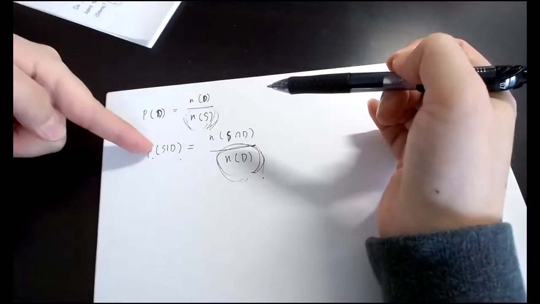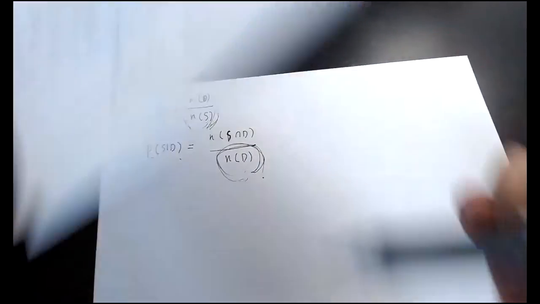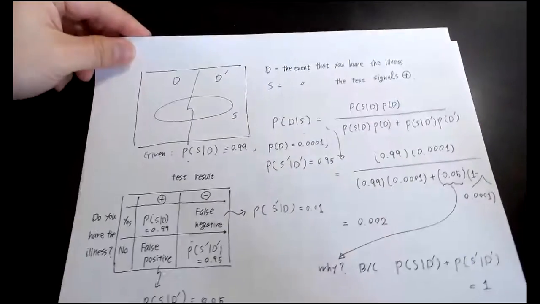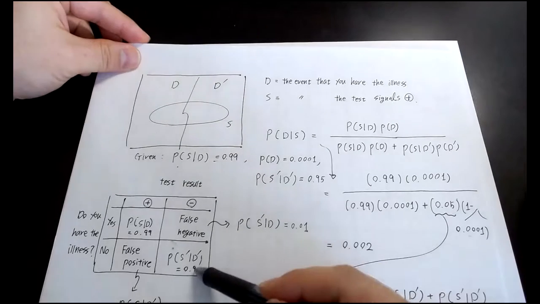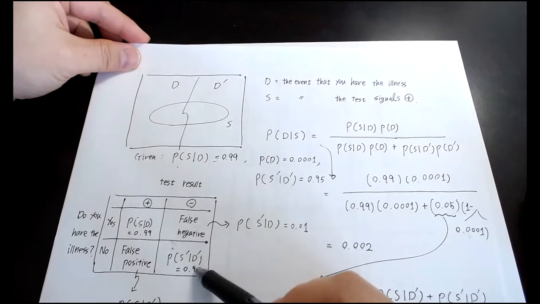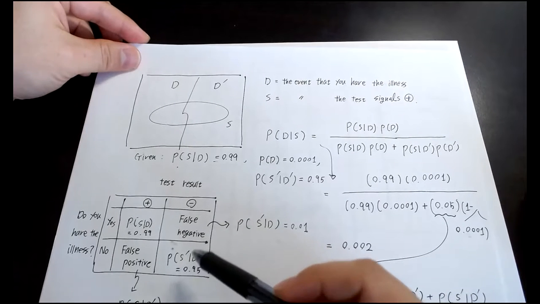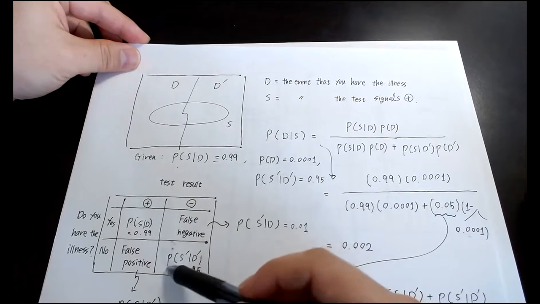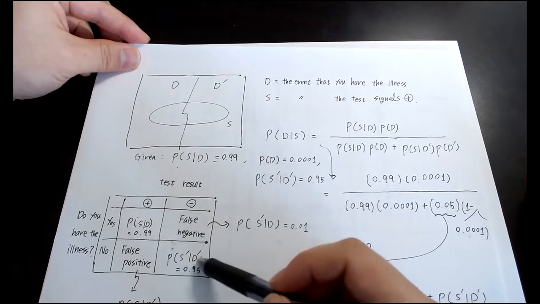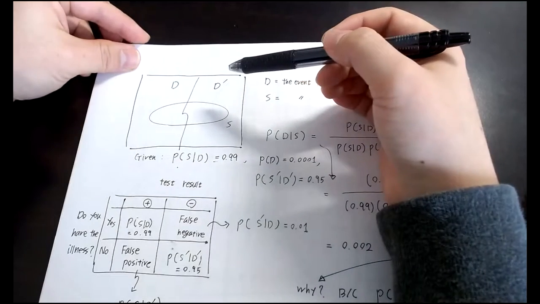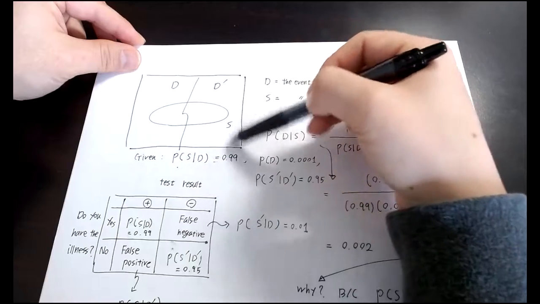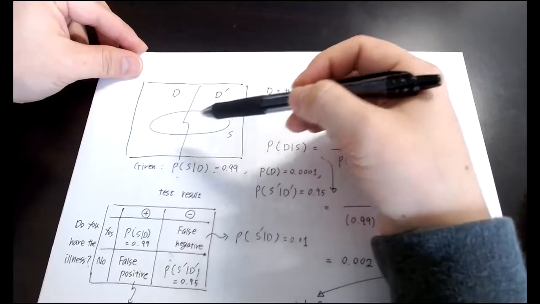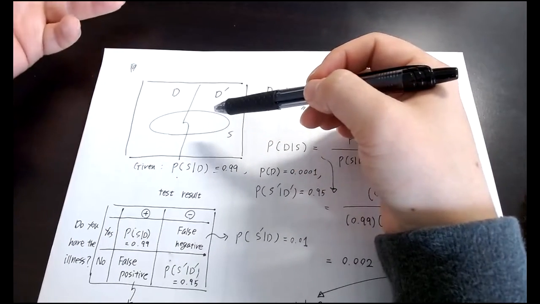In that sense, take a look at this. Look at these conditional probabilities, S given D prime and S prime given D prime. To calculate the conditional probability S prime given D prime, we figure out the number of outcomes in S prime right here, divided by the number of outcomes in D prime.